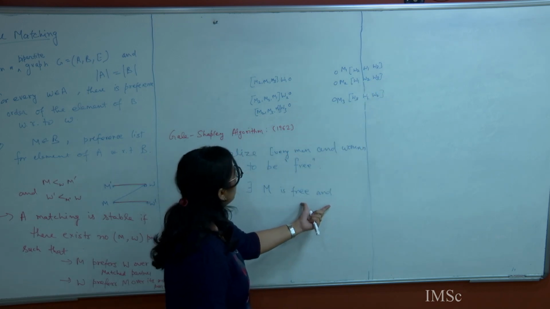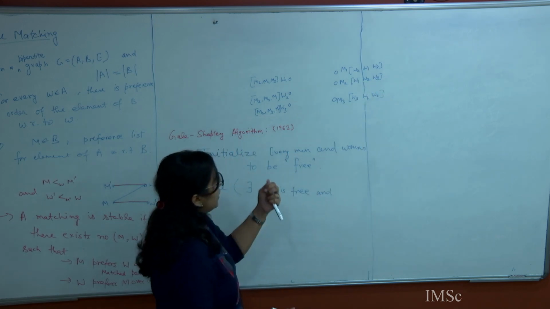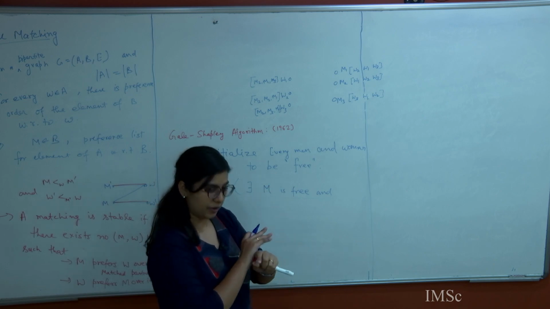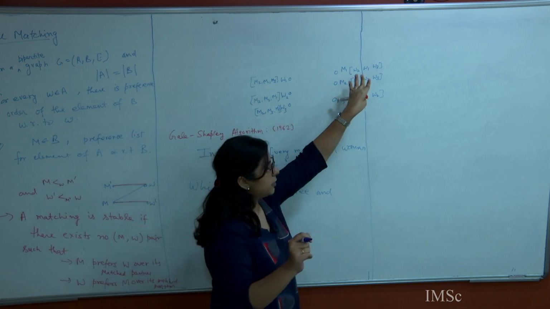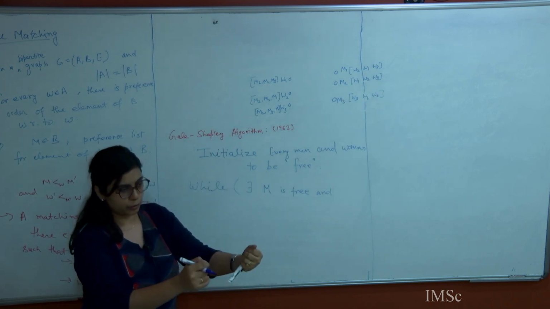So if M is free and M has not proposed to everybody till now, then that means there is some woman in his preference list whom he can propose to, right?